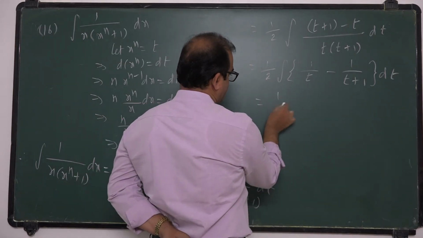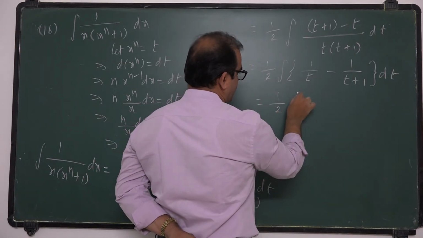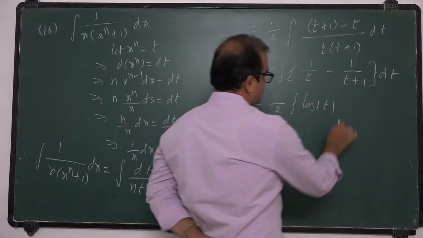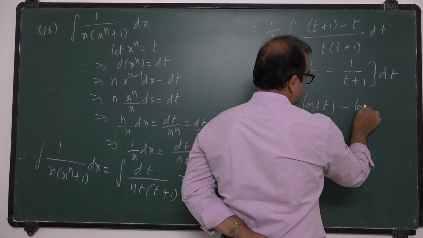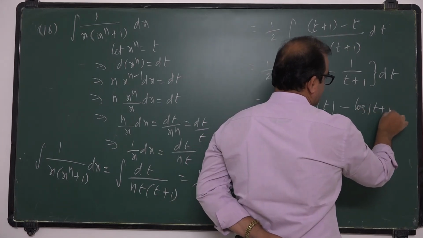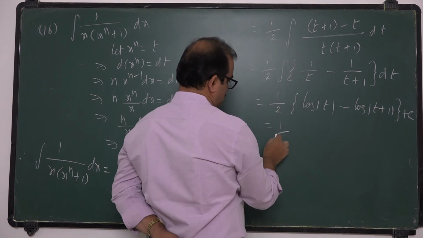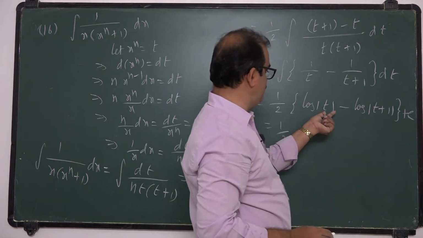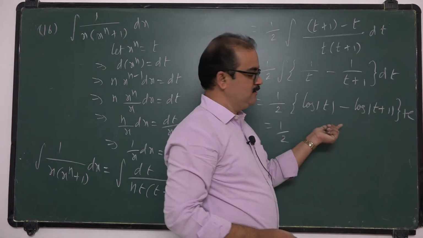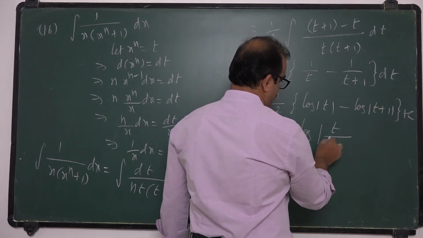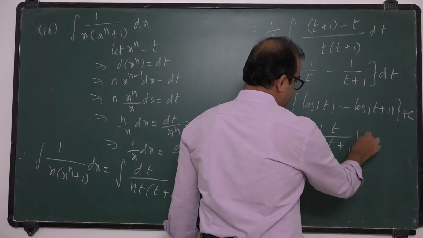Now integrate 1 by n into integral 1 by t, log mod t. Integral 1 by t plus 1, log mod t plus 1 plus c. It is in the form of log m minus log n, that is log m by n, t by t plus 1 plus c.